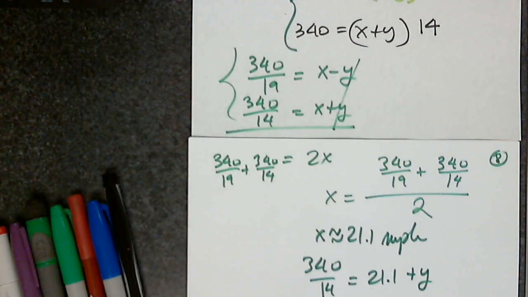So I'm going to put this in the graphing calculator. Here's how I do it. Do not delete what you had already. So I will do 340 divided by 14, and then I will recall the previous answer. Minus second and previous answer, which is minus.